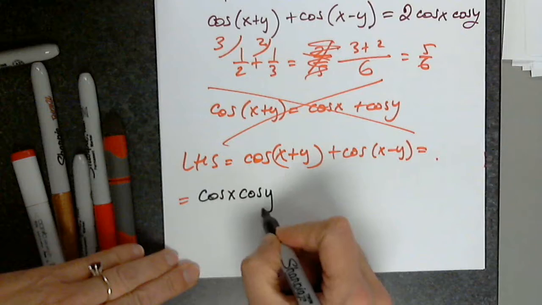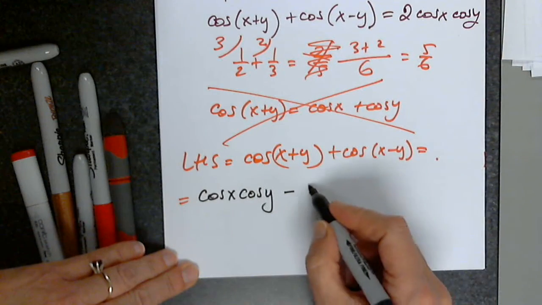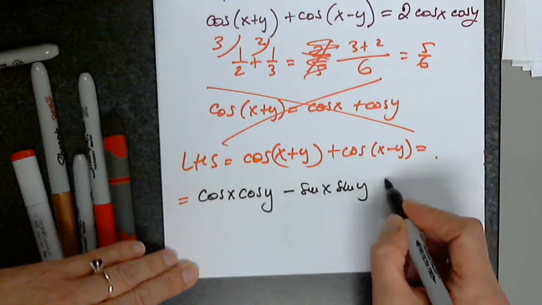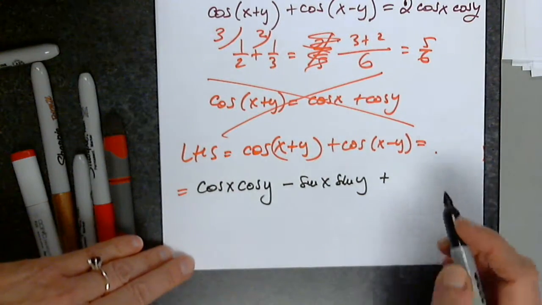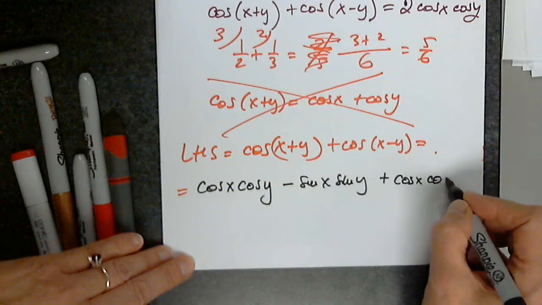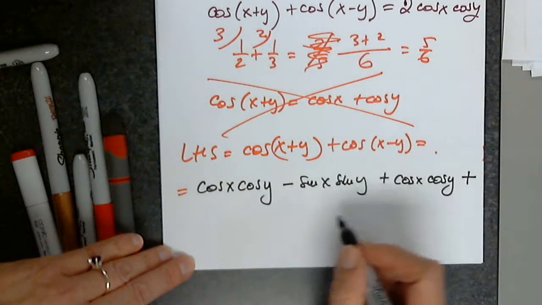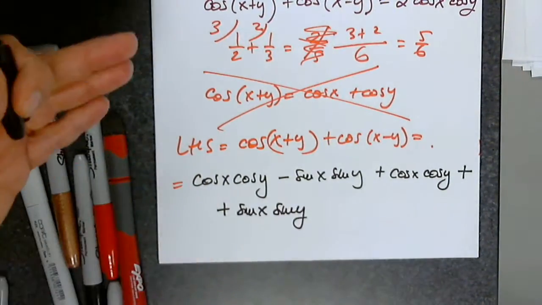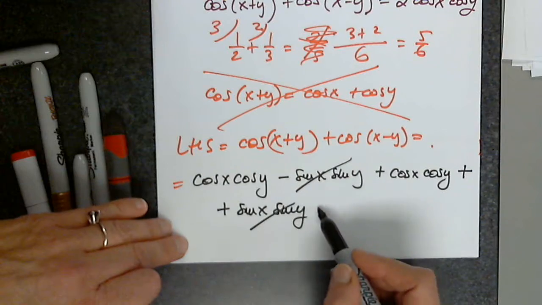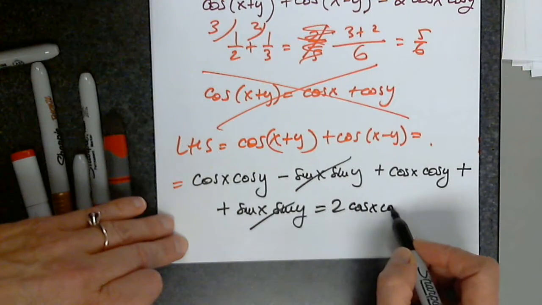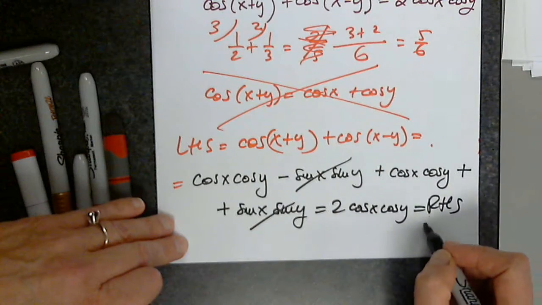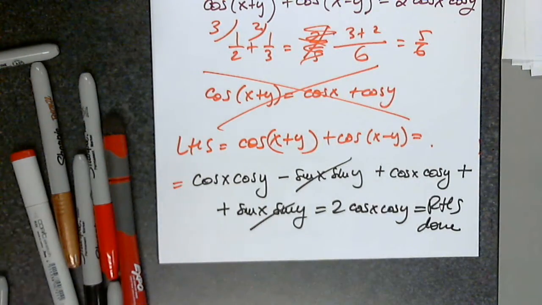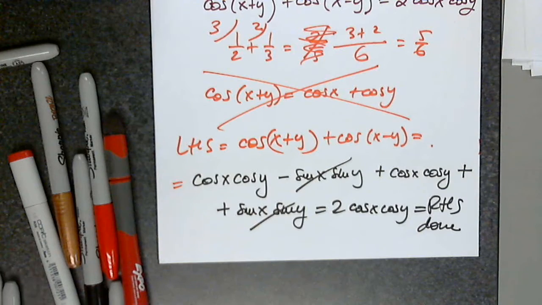Cosine x cosine y, minus sine x sine y, and then plus cosine x cosine y, and this time plus sine x sine y. And I notice something. These two go away, and the answer is done, right? 2 cosine x cosine y, and it equals the right-hand side, and it's done. So please don't fall into that trap of thinking that you can distribute cosine to a sum. You cannot distribute cosine to a sum of angles.